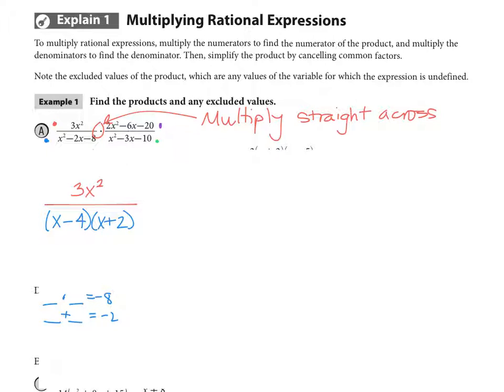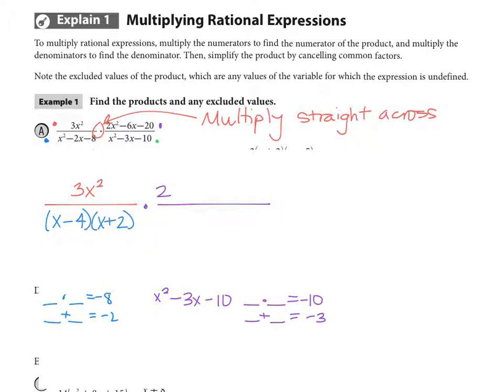All right, let's switch over to purple here. So now I'm looking at this top equation on the other side. There is a GCF there, so I can pull a 2 out to begin with. So there's a 2 completely out of that problem, which means my new problem is now x squared minus 3x minus 10. So I need two numbers that multiply to give me negative 10 and add to give me negative 3.